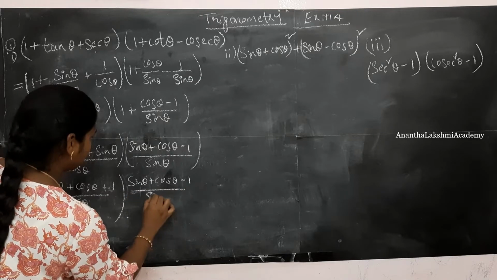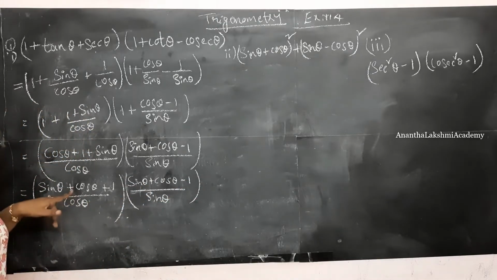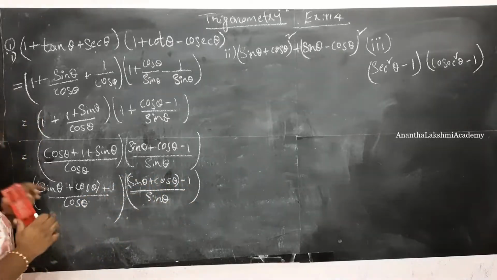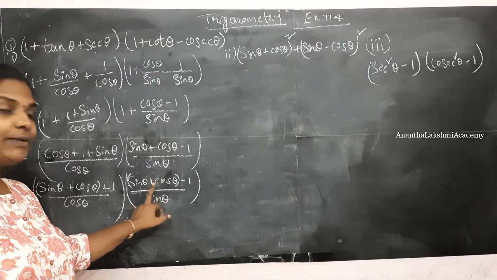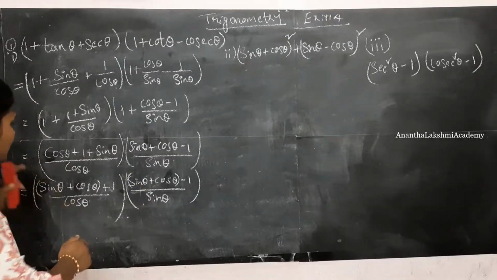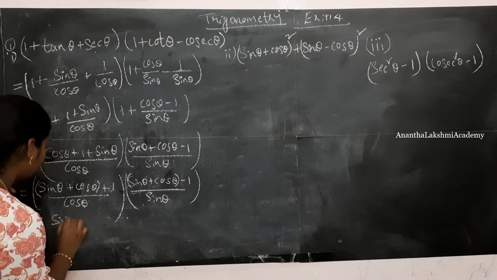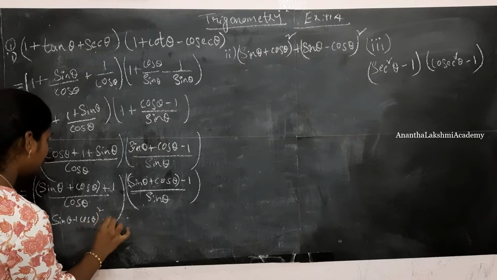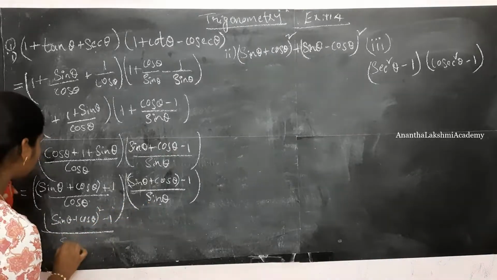All right, how is this? If you consider sine theta plus cos theta as A and 1 as B, A plus B into A minus B is nothing but A square minus B square, which is sine theta plus cos theta whole square minus 1, by sine theta cos theta.